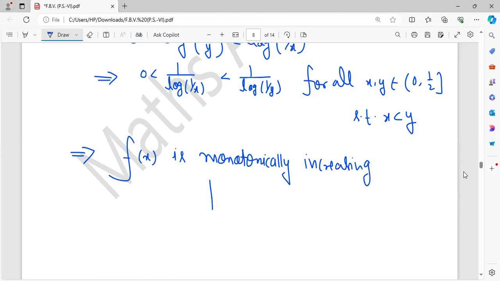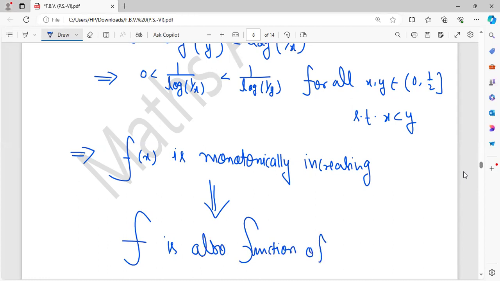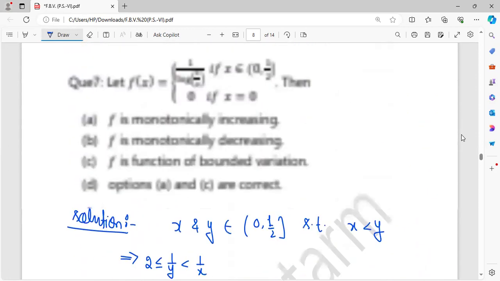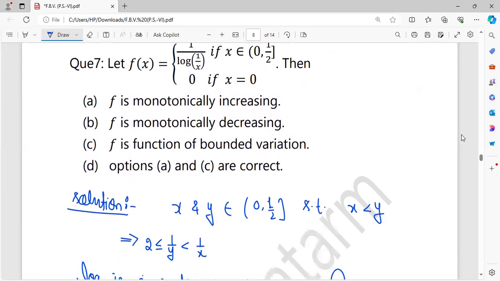If it is monotonically increasing, this implies f is also a function of bounded variation. So which option is correct? The first option is correct, f is monotonically increasing.